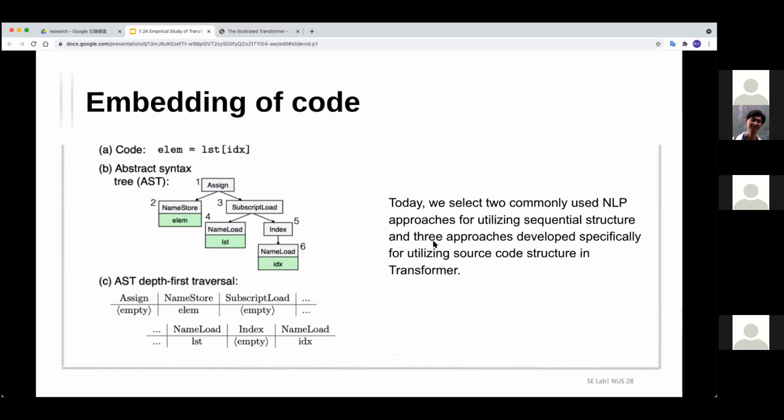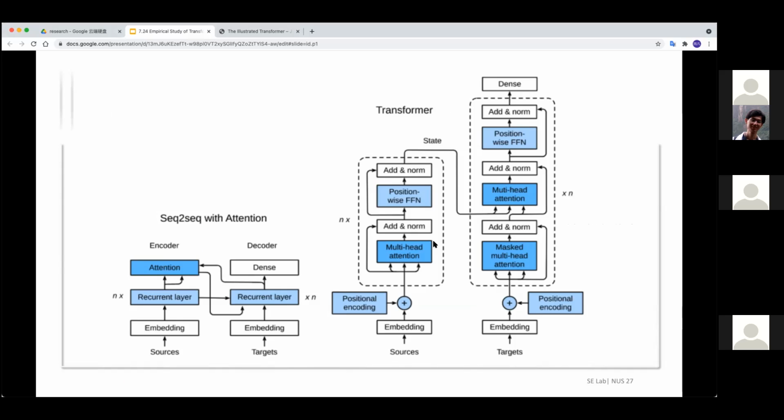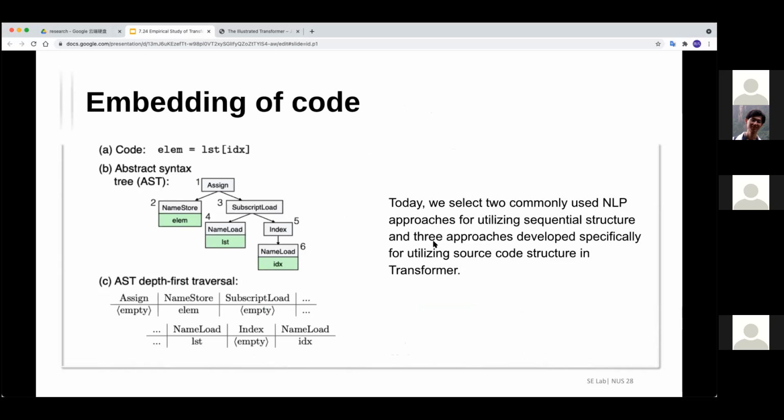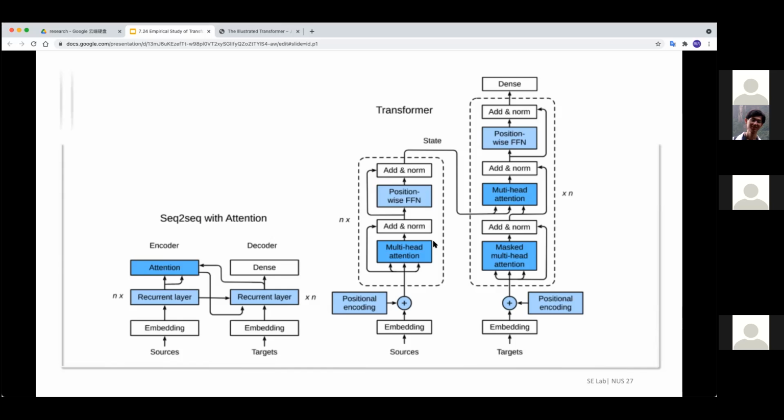The first paper is an empirical study of transformers for source code. This is the typical architecture of the transformer. We just use this model on our task and make some small changes to the model.